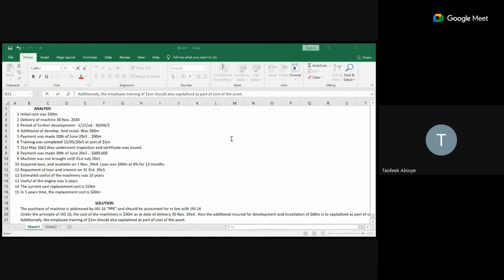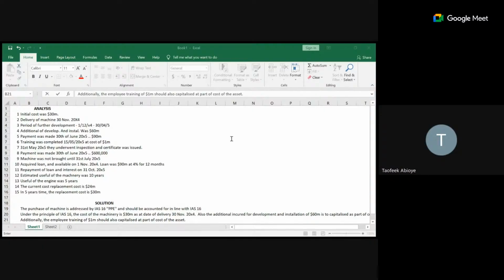So although that cost is somehow related to that machine, however, do you agree with me that the supplier that came for installation and development is supposed to train the staff?